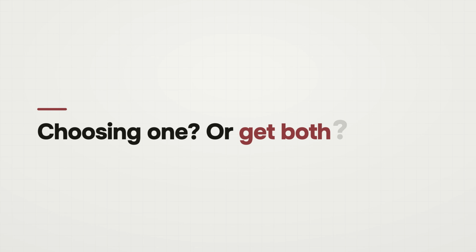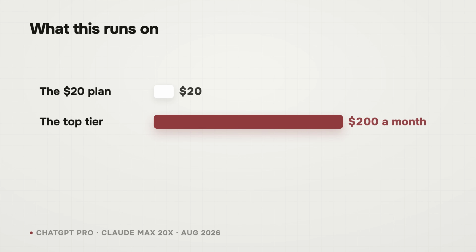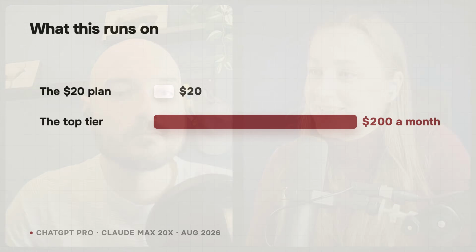If somebody is choosing between the two, do I read it correctly that your answer would be get both together? It depends how much money you have to throw at the AI toys, because this is obviously not running on $20 subscriptions. No, if you want to get the most out of it, then it will be best to get both because they both build on each other.